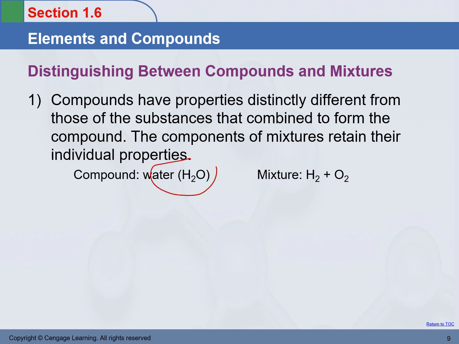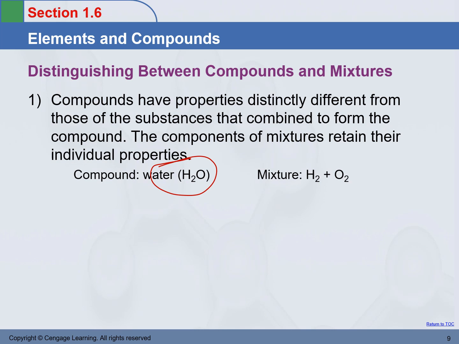Okay, let's look at water. Water is formed by combining hydrogen and oxygen. However, once the water is formed from the two, water will behave totally different from either hydrogen or oxygen. Hydrogen is a gas, oxygen is a gas, but water is a liquid.